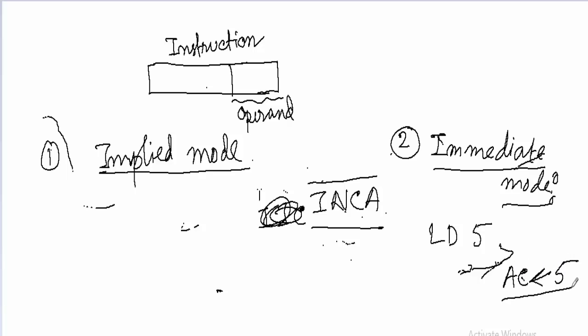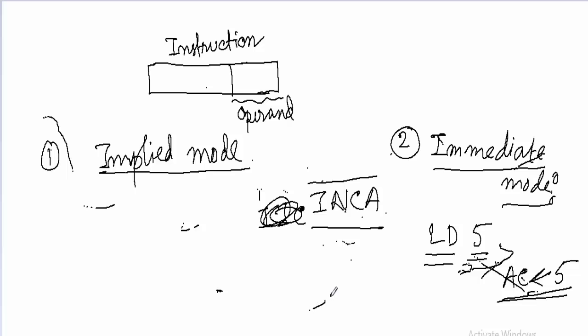Here load is the opcode and 5 is the operand, and this 5 is directly a constant. That is why it is called immediate mode.